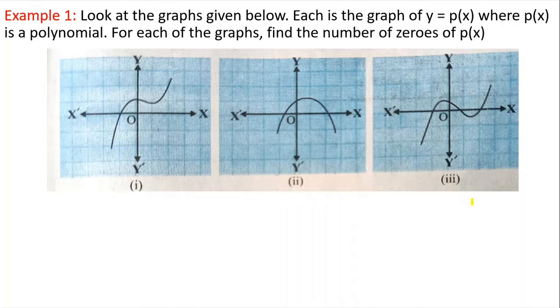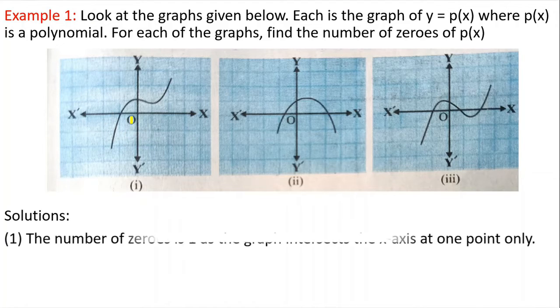We all know that in the graph, if you want to say how many zeros are present for the given polynomial equation, we have to see how many times the graph intersects the x-axis. Here, in the first graph, the graph intersects the x-axis at only one point, hence there is only 1 zero for this given equation.